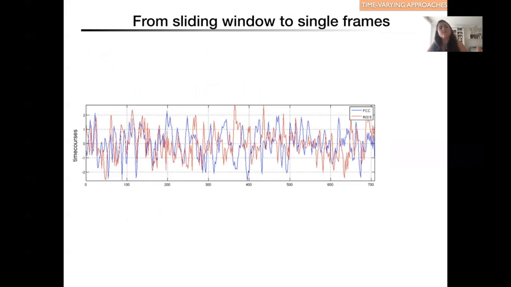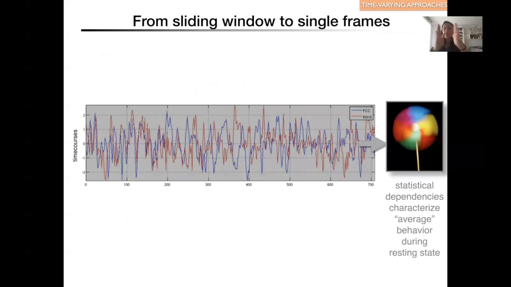As we said, if we do static functional connectivity, we average across the whole length of the time course, and we get a picture of what we want to see in the brain, which is very blurred. I mean, not the images are blurred, but conceptually, the information that we retrieve at the functional connectivity level is very blurred because it averages out all the temporal variations.